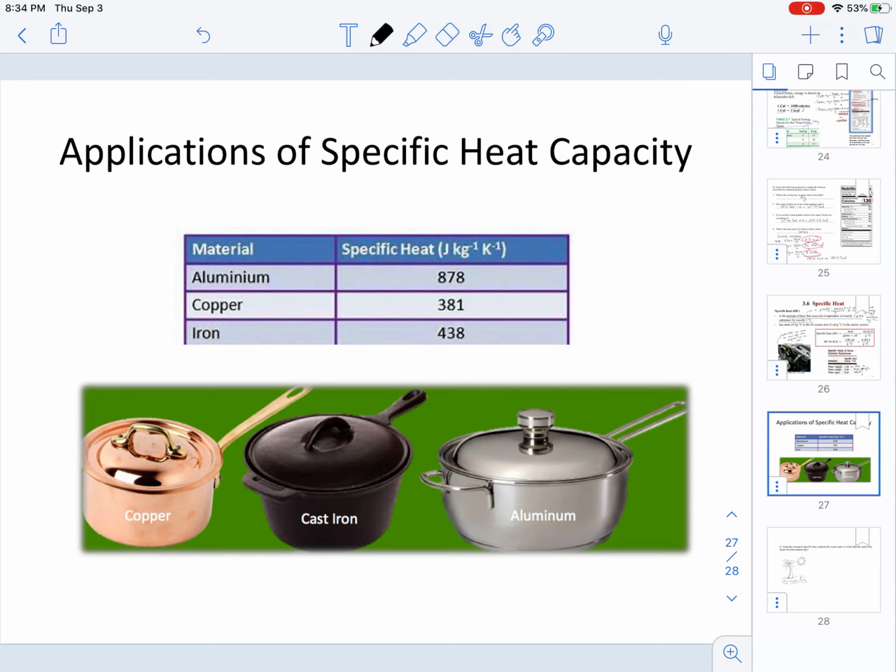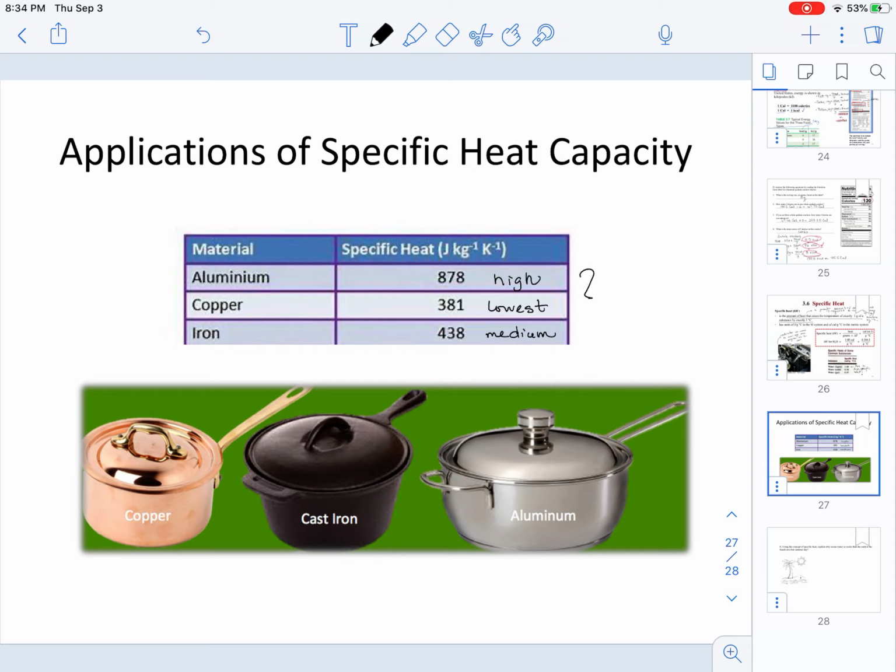In the table above, we have the specific heat for these three substances in joules per kilogram per Kelvin. What you can notice is that copper has the lowest specific heat, iron has a medium specific heat, and aluminum has a high specific heat.